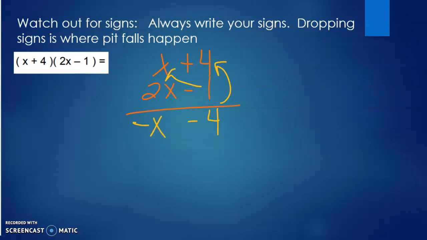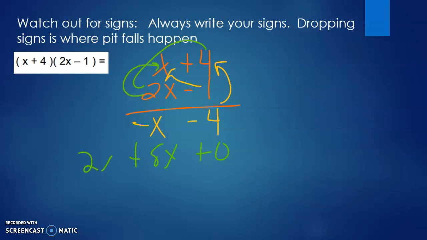I'm going to put my placeholder of plus 0. 2x times 4 is positive 8x. 2x times x is 2x squared. When I add those, a negative 4 and a 0 is a negative 4. A negative x and a positive 8x is a positive 7x. And then the 2x squared comes down.